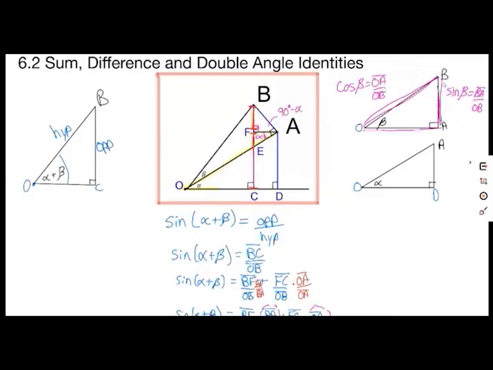AF is parallel to the ground, so that creates a right angle at angle F. And that means that if I subtract 90 minus alpha from 90, that's going to leave me with alpha here, because the angle FBA is a complement to angle FAB.